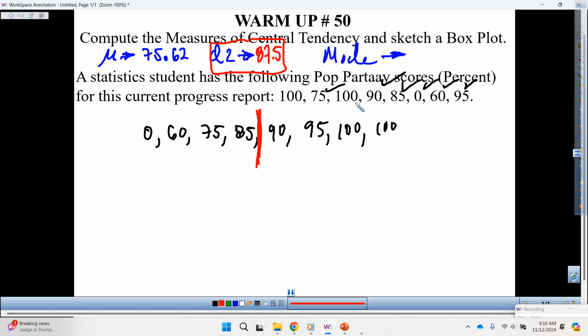87.5. Hands if you got that. Looks about right. And our mode. What's our mode? Alyssa. 100. All right. Box plot. Q1. Alyssa, pass him one.